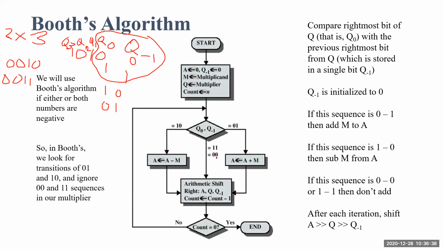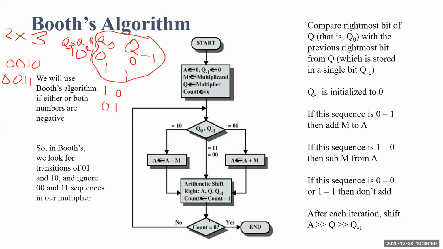For the 1 1 case and 0 0 case, directly the right shift operation will be taking place. But for the 1 0 and 0 1 cases, these 2 operations have been done with respect to their values, and then after that the right shift will be taking place.